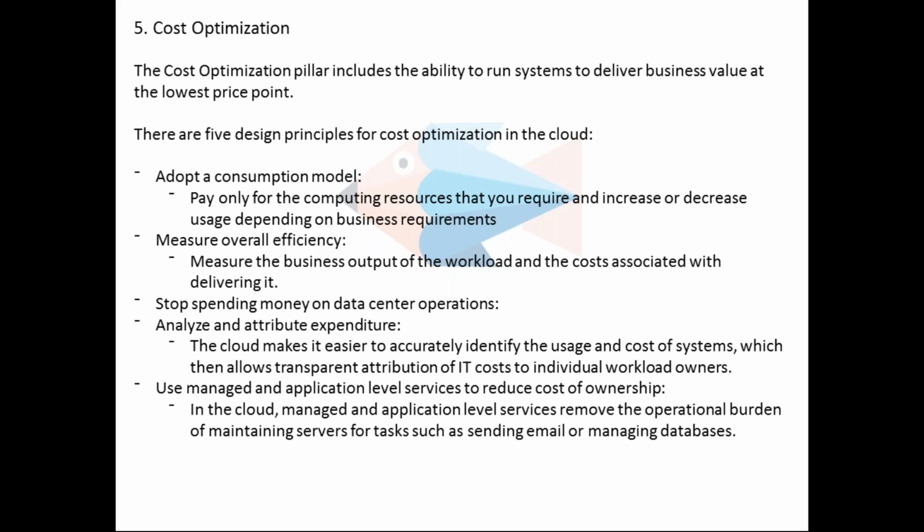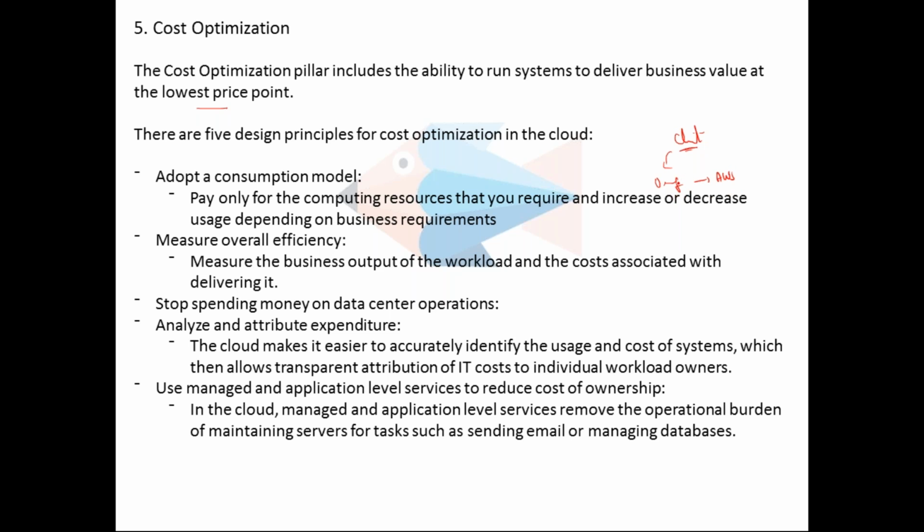Next comes cost optimization. This cost optimization pillar includes the ability to run systems to deliver business value at the lowest price point. For example, you have a client in your organization and you're using AWS to host the client application.